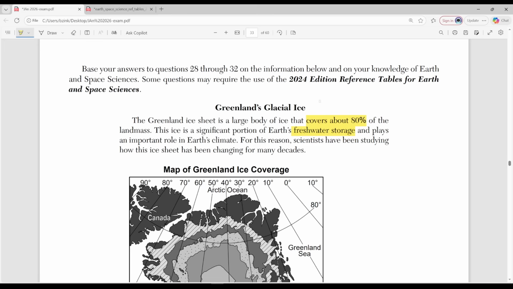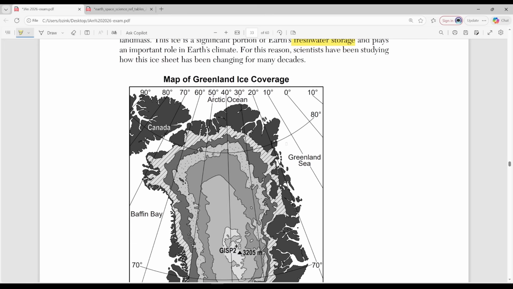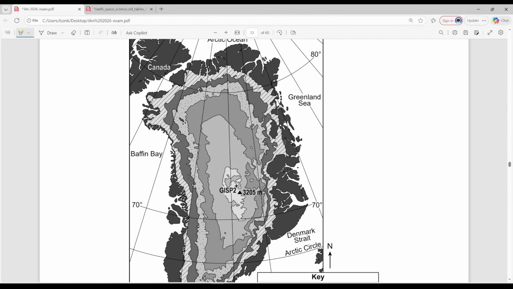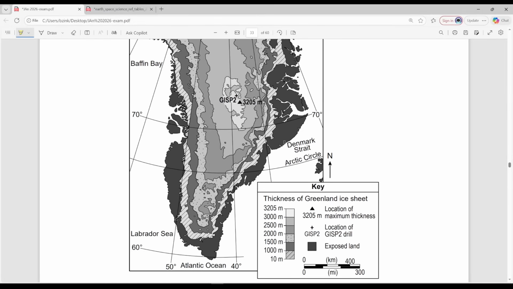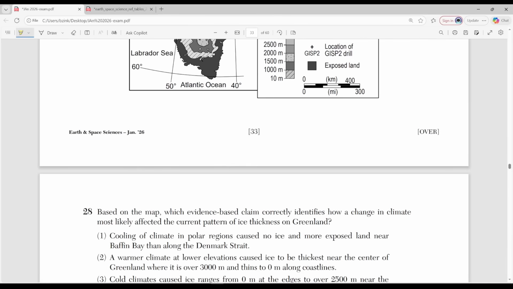For this reason, scientists have been studying how this ice sheet has been changing. Okay, so we got our ice sheet, and there's some latitude and longitude numbers on here. We got some thickness of the ice, so we could see this is going to be the thickest, towards the middle, it seems like. Yeah, and then there's a key here with some distances, so we'll see what we have to do.